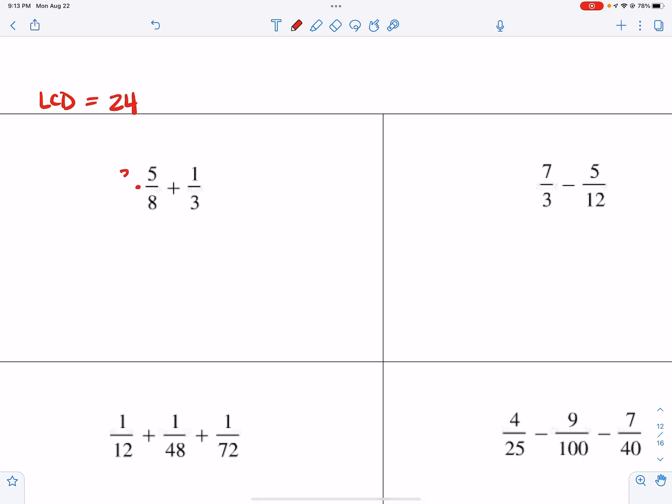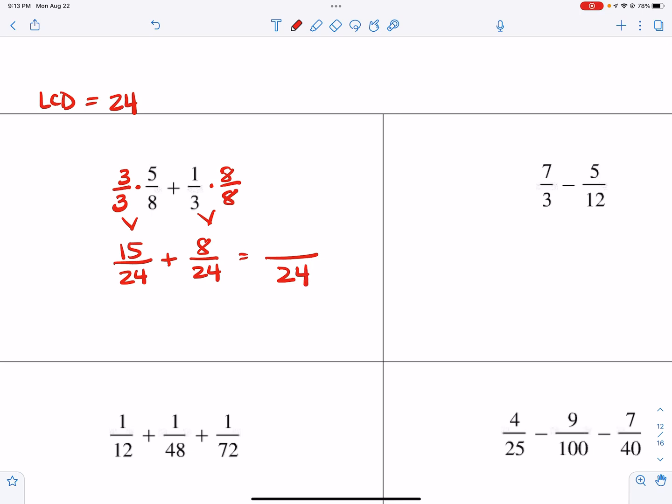So I'm going to multiply top and bottom of the first fraction by 3 over 3, and the top and bottom of the second fraction by 8 over 8. And so this becomes 15 24ths, and this becomes 8 24ths, and then I write 24 and add 15 plus 8, and that gives me 23.